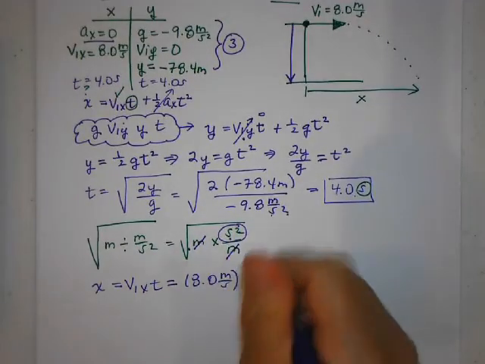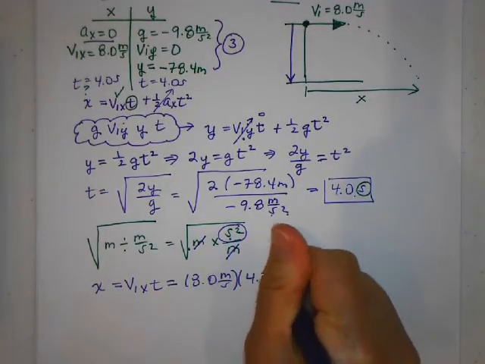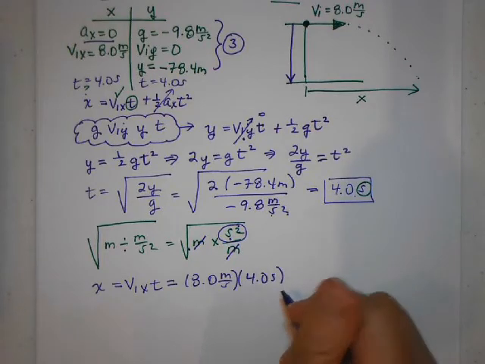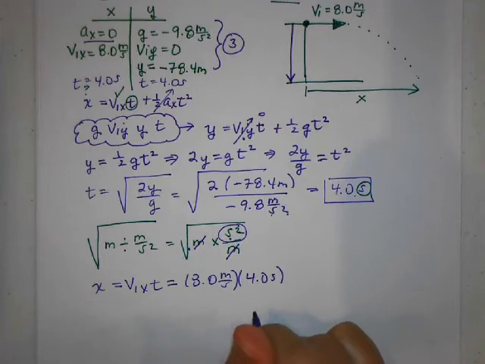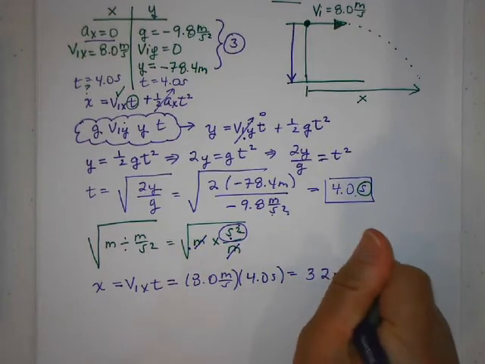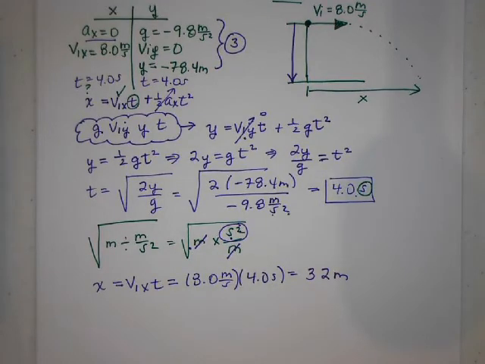So now I'm going to substitute in my values. And 8 times 4 is equal to 32 meters. And that's it.